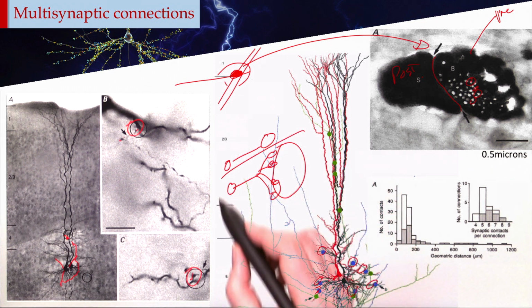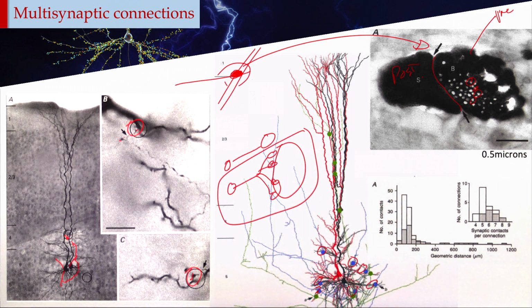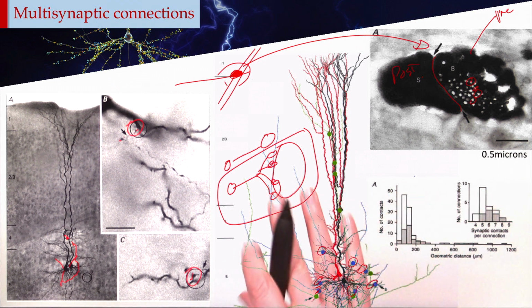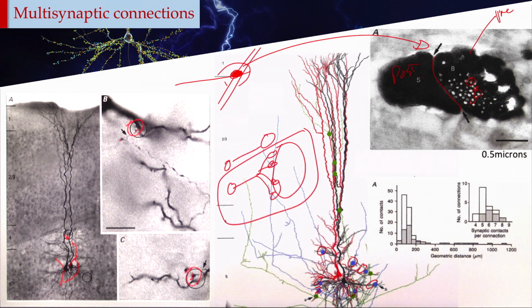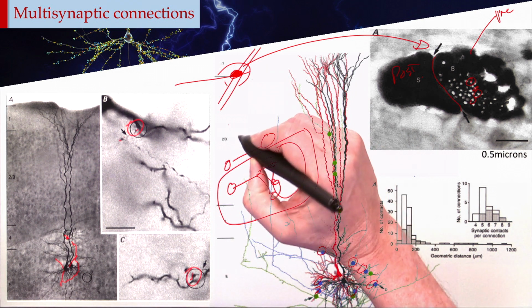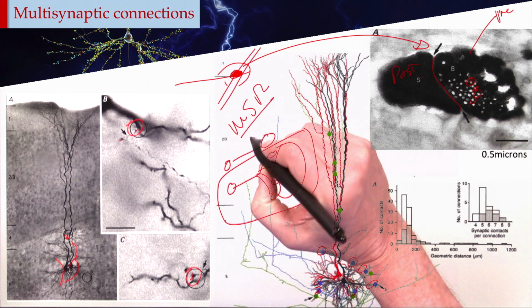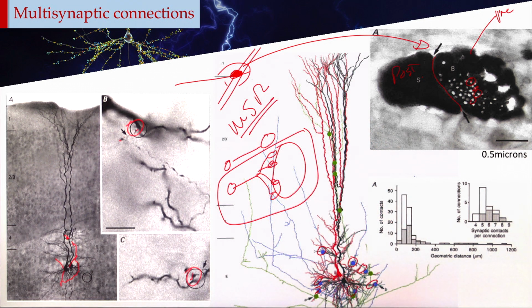And this is extremely important because it's a very strong rule in the neocortex. And you will see that this rule later is one of the most important rules that allows you to actually predict connectivity in the whole circuit. So this is what's called the multi-synapse rule. And we're going to discuss a lot more about that in the future.